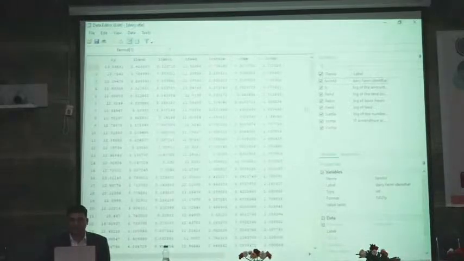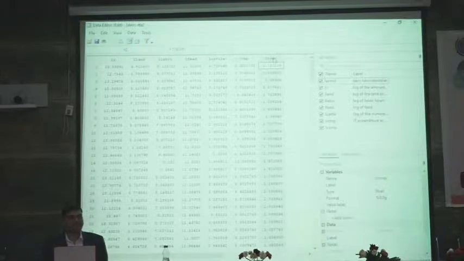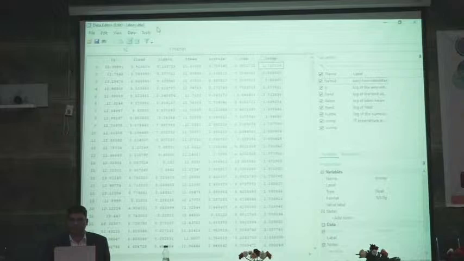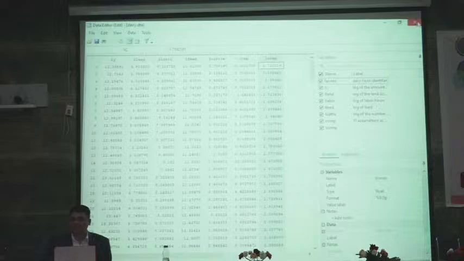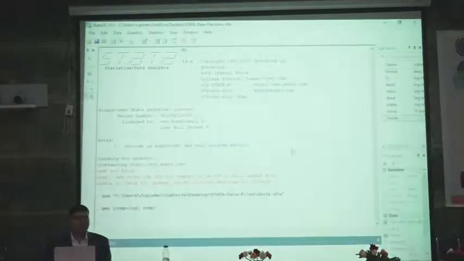So you can see this is the variable that you have generated. Okay. So this is a data editor. You can check all the variables with their values and new variables. Okay. And then simply click on this cross button. You will return to the data.